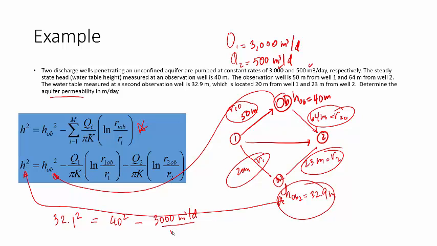Then you have pi k, the natural log of R10B, which is 50, over R1, which is 20, minus Q2, 500 cubic meters per day, over pi k, natural log of R20B, which is 64, over R2, which is 23.